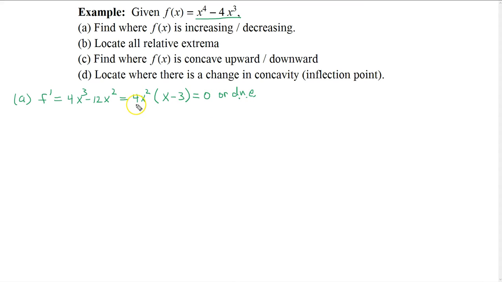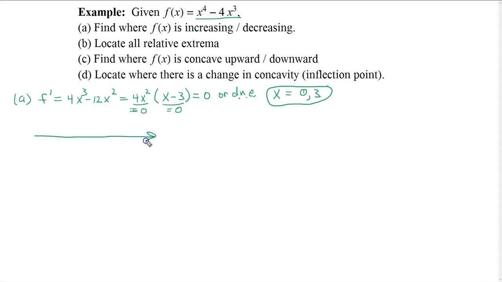Well, clearly that's going to be 0 where this is 0 or this is 0. So setting each of them to 0 individually, we get back that x equals 0 and 3, of course. There are the critical numbers for our function. So we'll put those on the number line and determine where our function is increasing and decreasing.